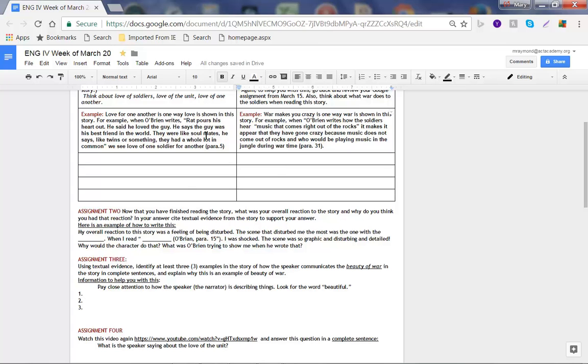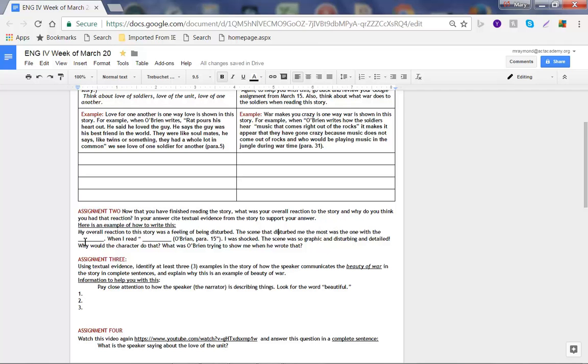Assignment 2 is your personal overall reaction, so there's no right or wrong answer except for the textual evidence. If you write, I was disgusted by this story, and that's it, you're not going to get full credit. You need to explain why you were disgusted and give an example from the book to support your statement.